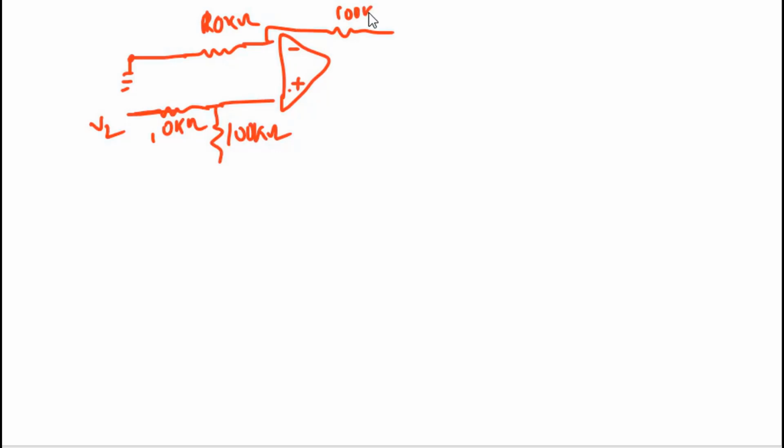This is your Vout2, which is the output due to only V2 when V1 is shorted.